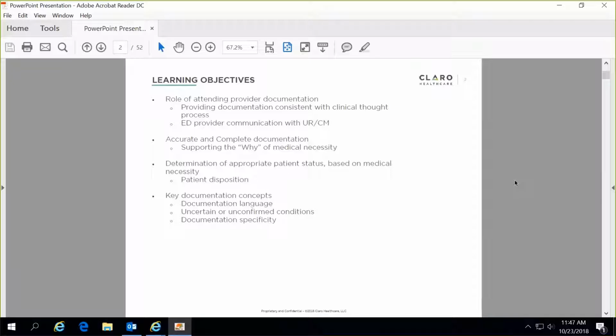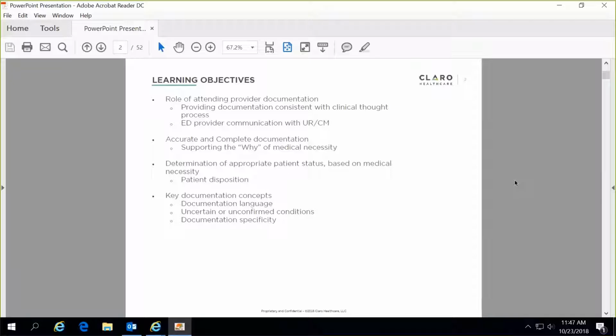So accurate, complete documentation of the why and that medical necessity we'll review. And the patient's disposition, what are the key areas that we're seeing to support that medical necessity, and some of the CMS guidelines about it, and then those key documentation concepts that we see across the continuum, of getting that accurate story about the patient, with the documentation language that can be captured by the coders.